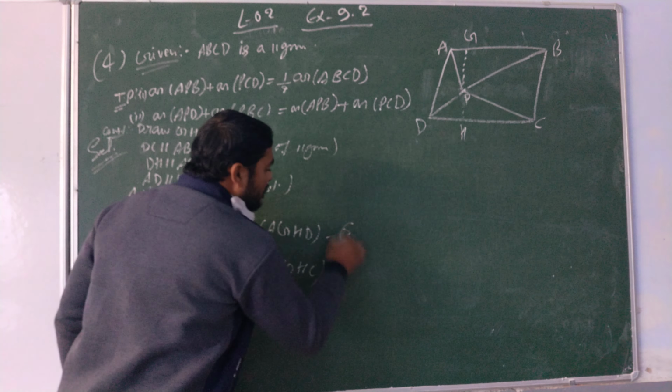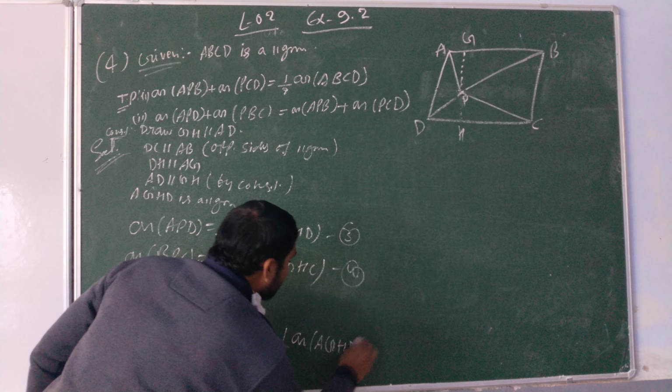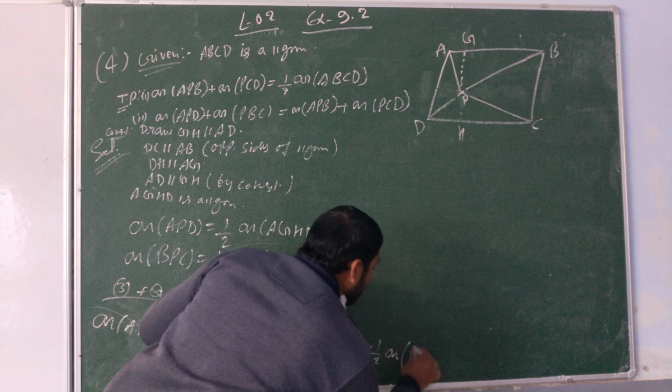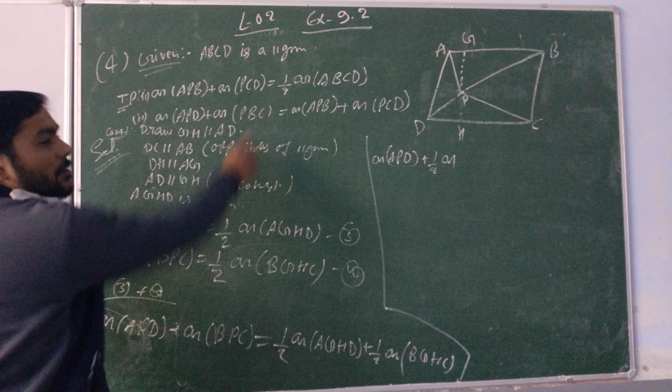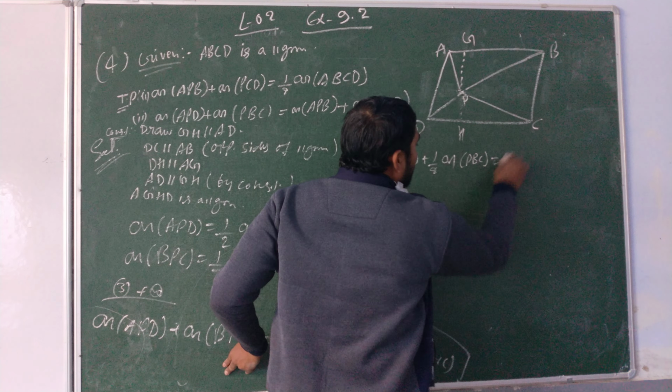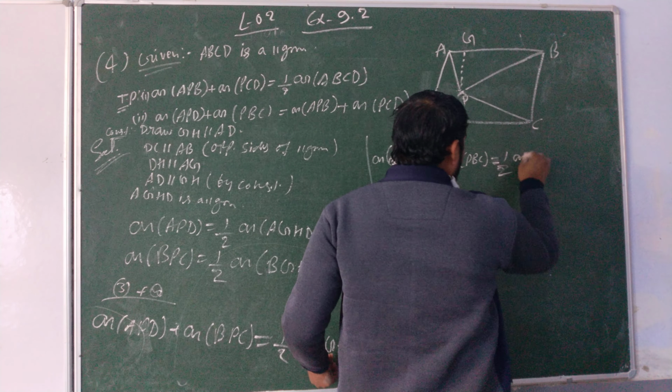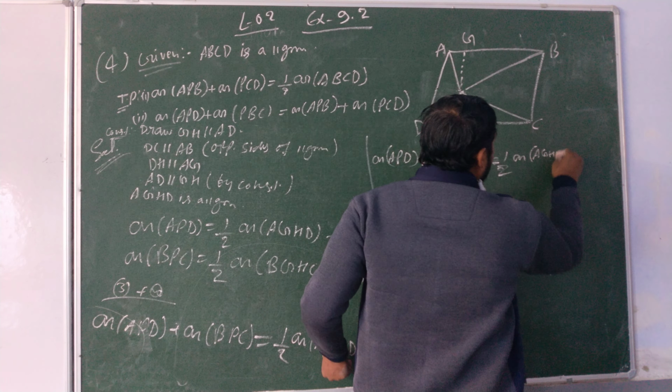Now third plus fourth: area of APD plus area of BPC is equal to half of area of AGHD plus half of area of BGHC. Taking 1 by 2 as common, the remaining is area of AGHD plus area of BGHC.